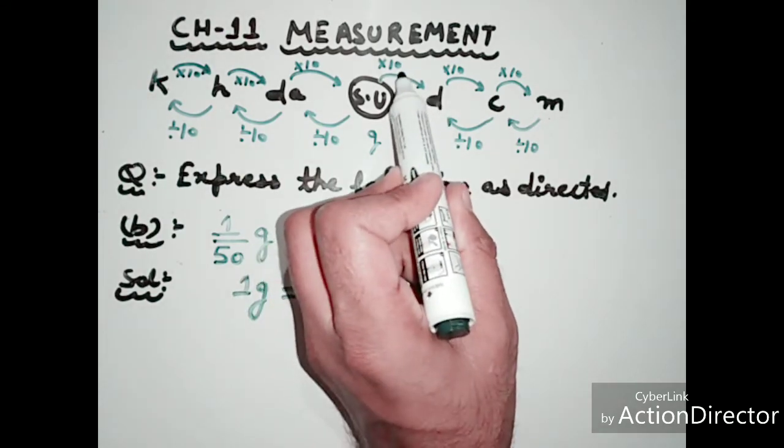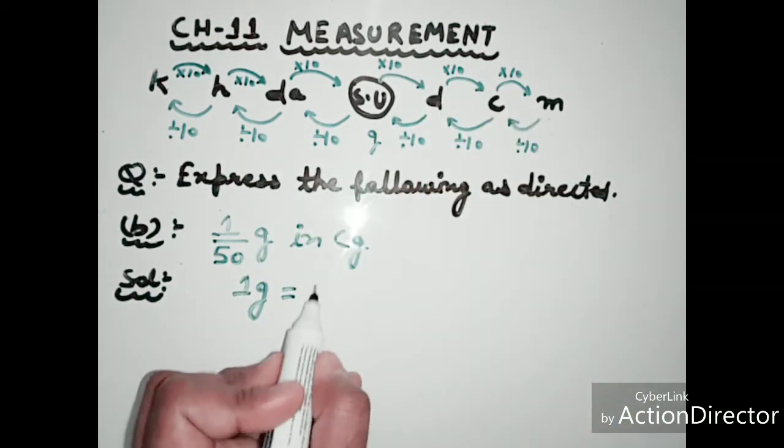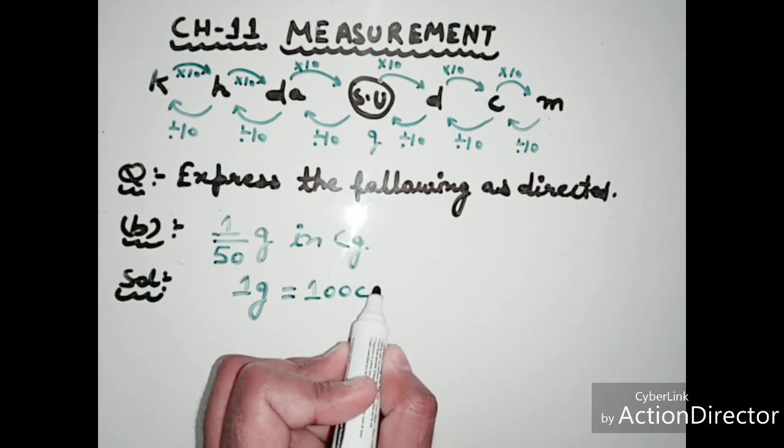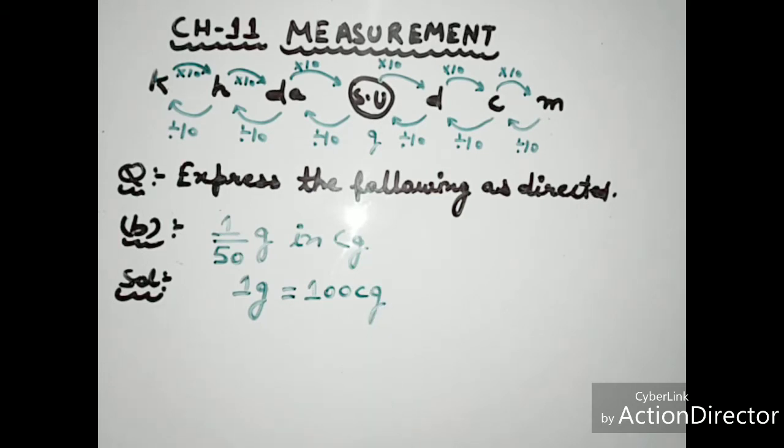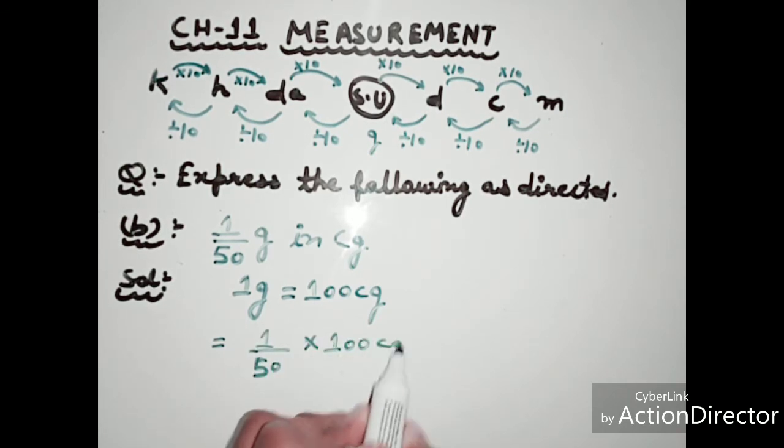So multiply by 10 into 10 means 100 centigram. After that we multiply 1/50 by 100 centigram. 0 cancels out by 0 and 5 twos are 10. Here we get 2 centigram. So 1/50 gram in centigram equals 2 centigram.